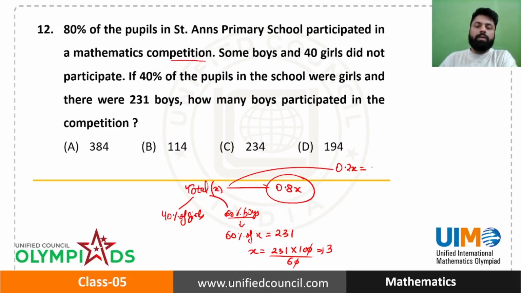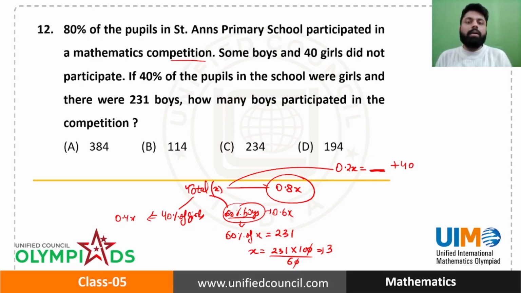Let's say that the total number of boys is 0.6x, total number of girls is 0.4x. Now some boys, we do not know, plus 40 girls did not participate. 40% are girls and 231 are boys. How many boys participated in the competition?